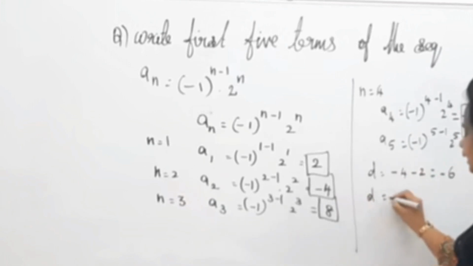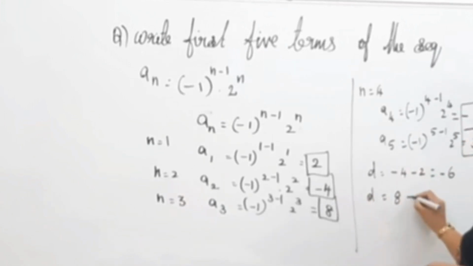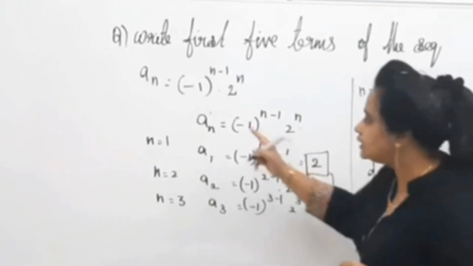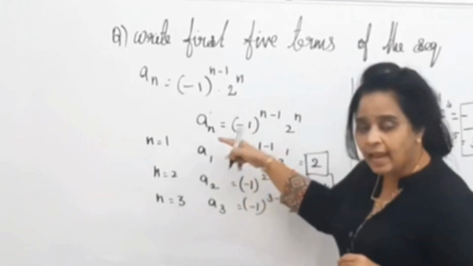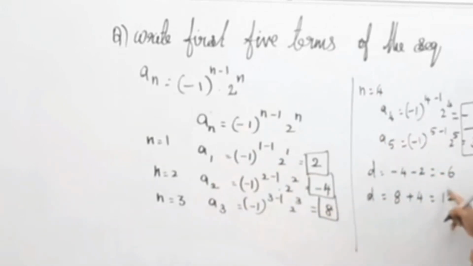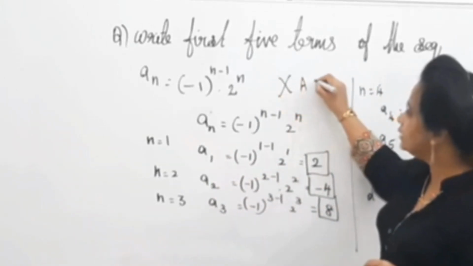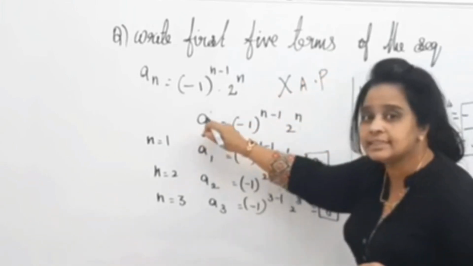And the next d is 8 minus (-4), that is 8 plus 4 is 12. So the common difference, I am not getting the same number. Even though it is represented as a_n, it is not the same number. That means it is not an AP at all. That's why I told you to write it as a sequence.